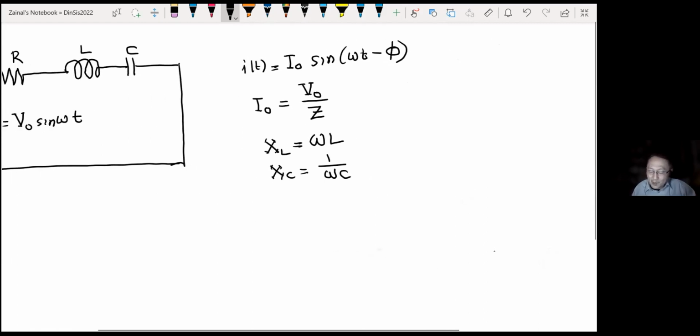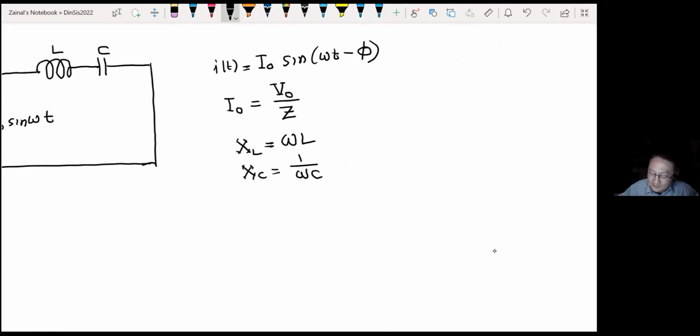Then we have to plot the graph, right? We plot this one, where the magnitude of this one is R, resistance. While this one, for example, is XL.